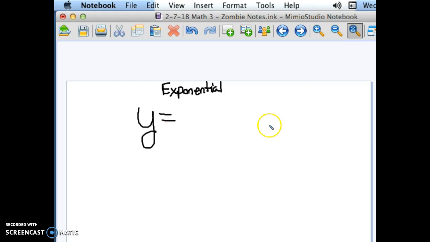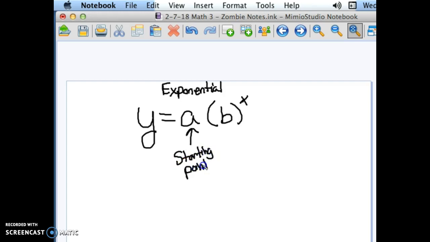Instead of y equals mx plus b, we should be y equals a times b to the x, where a is our starting point, or even more importantly, I'll plug in a 0.